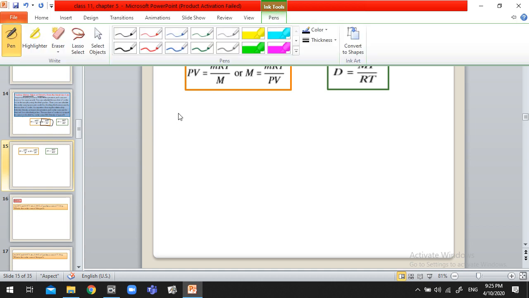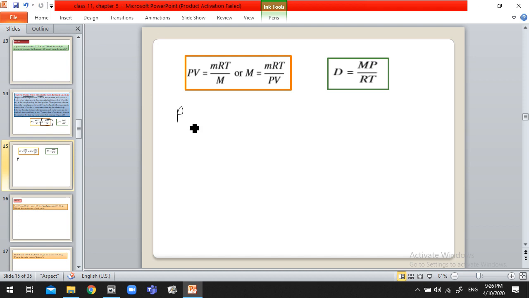So let me give you P times V equals n R T. As we know, guys, n means what? Mole, which equals mass over molar mass, isn't it?